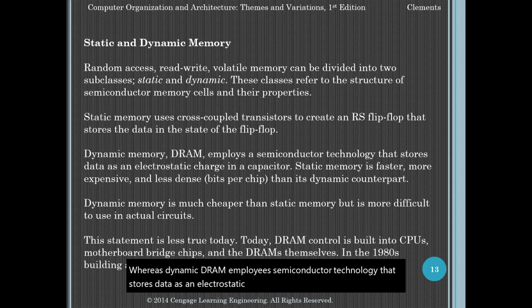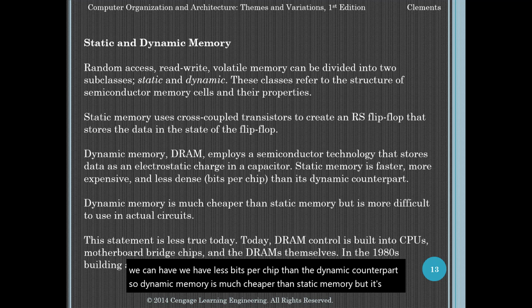So static memory is faster, it's more expensive, it's less dense in that we have fewer bits per chip than the dynamic counterpart. So dynamic memory is much cheaper than static memory, but it's more difficult to use in actual circuits.